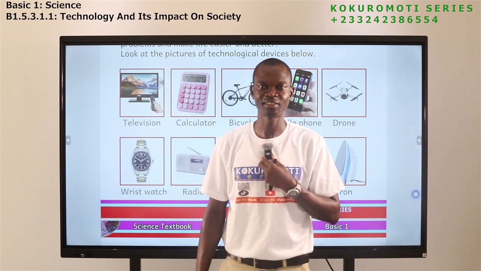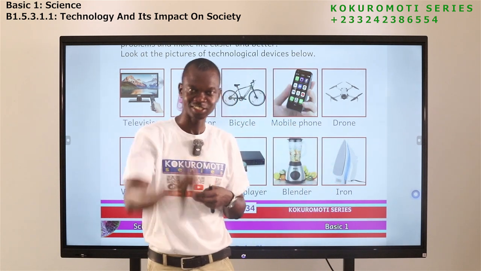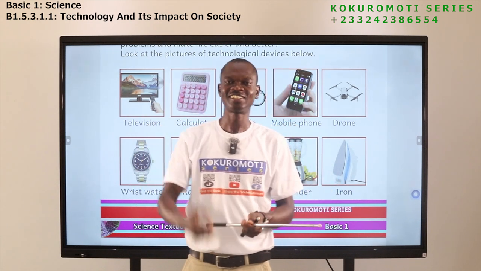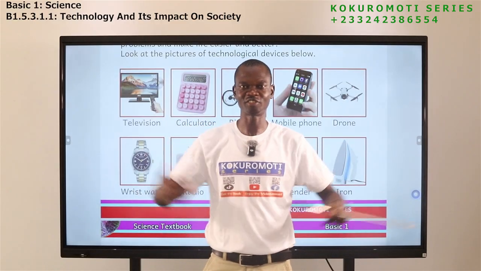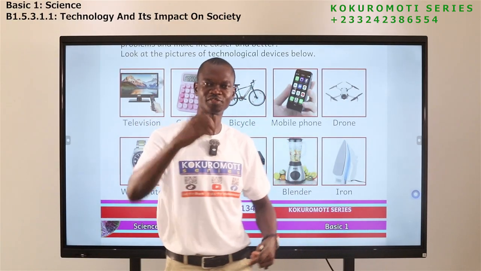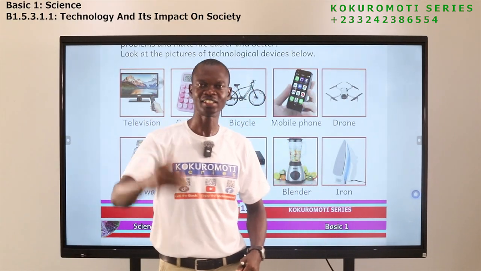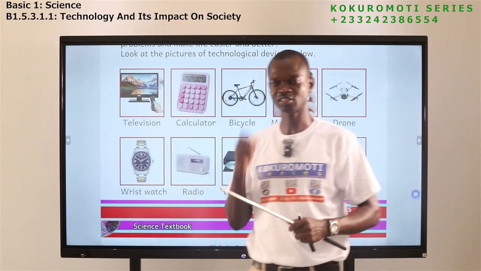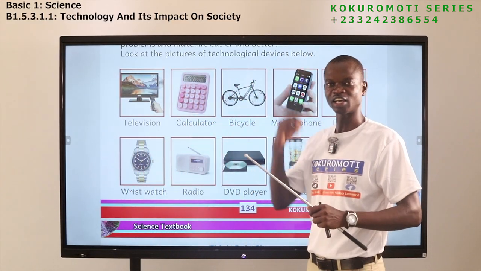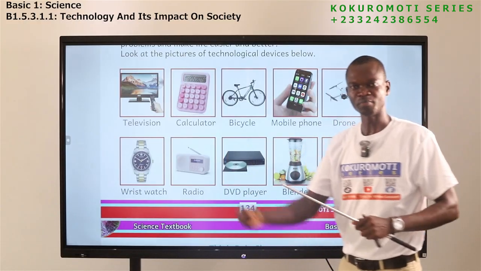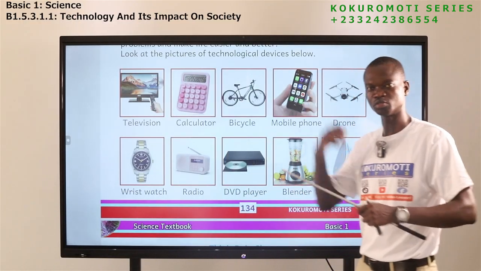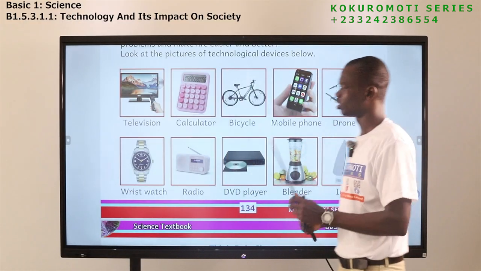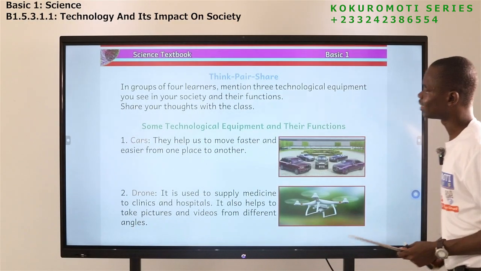This thing here, this is microphone. Yes, camera is there, taking what? Video of the things that I'm doing is because of technology. So camera is one of what? Technological devices. All the things that you have around, just look at them and you understand that they were made because of what? Technology. We're able to make them because of what? Technology.